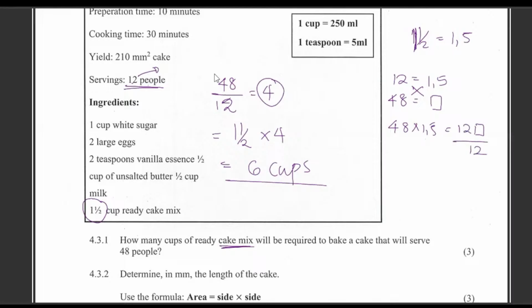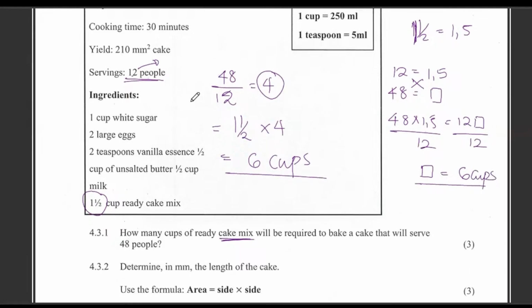Divide through by 12, divide through by 12. So the missing answer here is 6, because 48 times 1.5 gives you 72, and 72 divided by 12 gives you 6. So there are 6 cups.